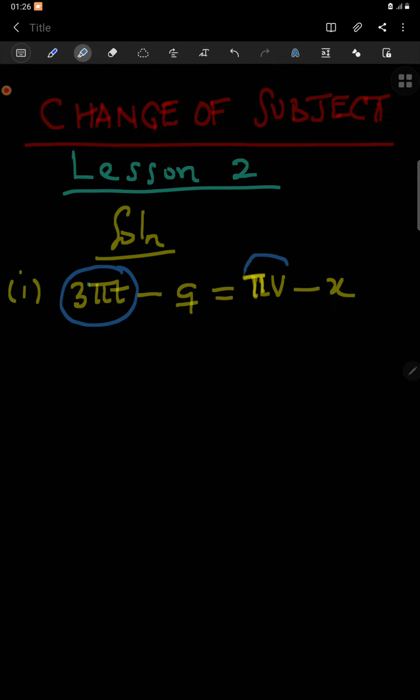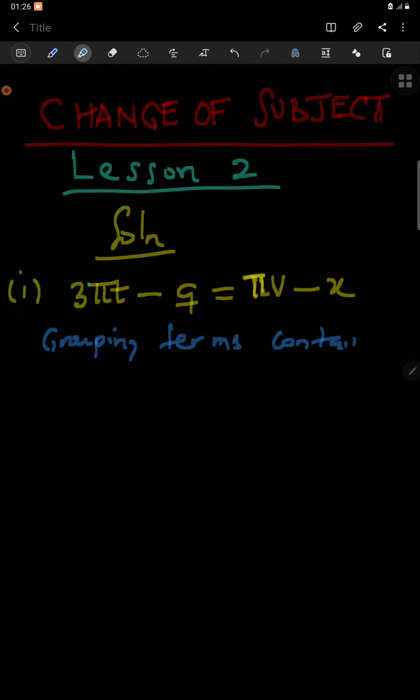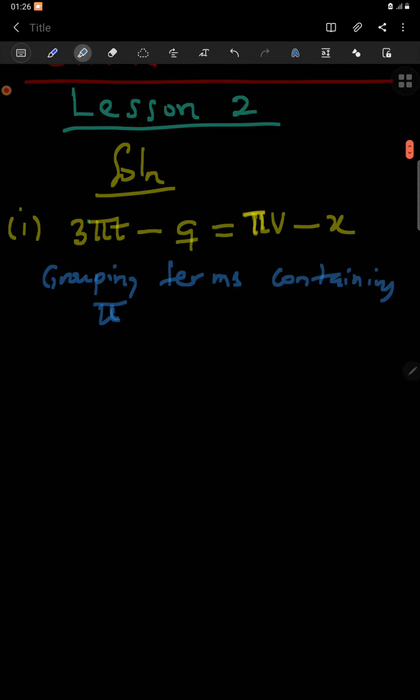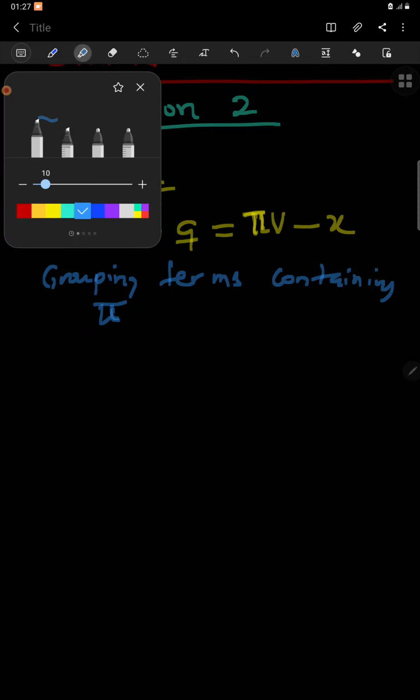We want pi, and you can see that pi can be found on both sides of the equal to sign. So we will start by grouping terms containing the pi, and we are grouping terms containing the pi.